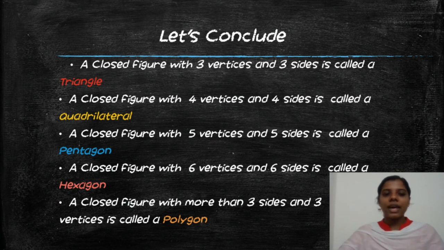Third one, a closed figure with 5 vertices and 5 sides is called a pentagon. A closed figure with 6 vertices and 6 sides is called a hexagon. So, what do you mean by a polygon? A closed figure with 3 or more sides and vertices is called a polygon.